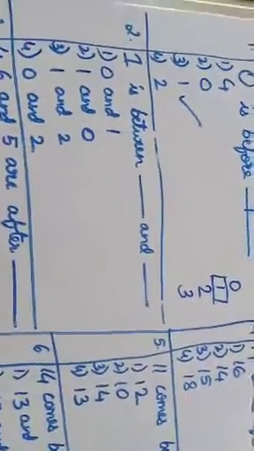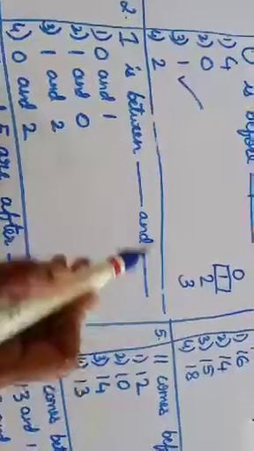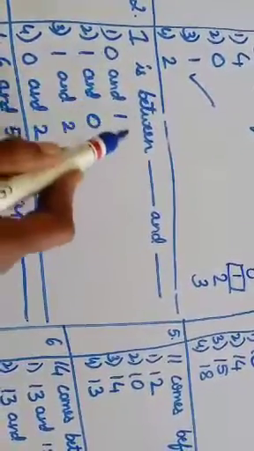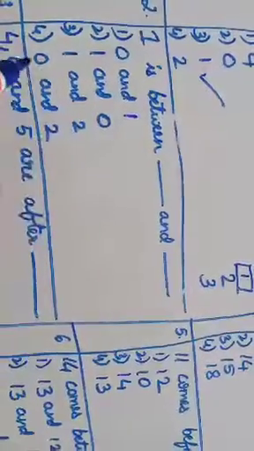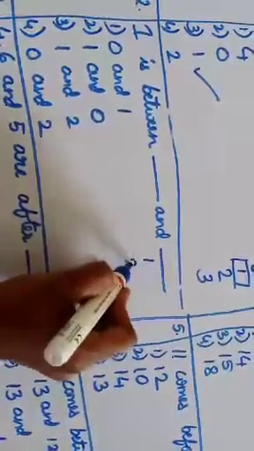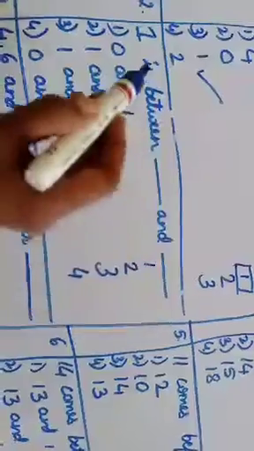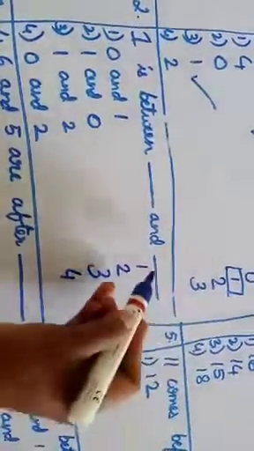The next one, 1 is between dash and dash. Options are 0 and 1, 1 and 0, 1 and 2, 0 and 2. So, write here 1, 2, 3, 4. So, you can find out the answer here easily. Where is the 1 here?